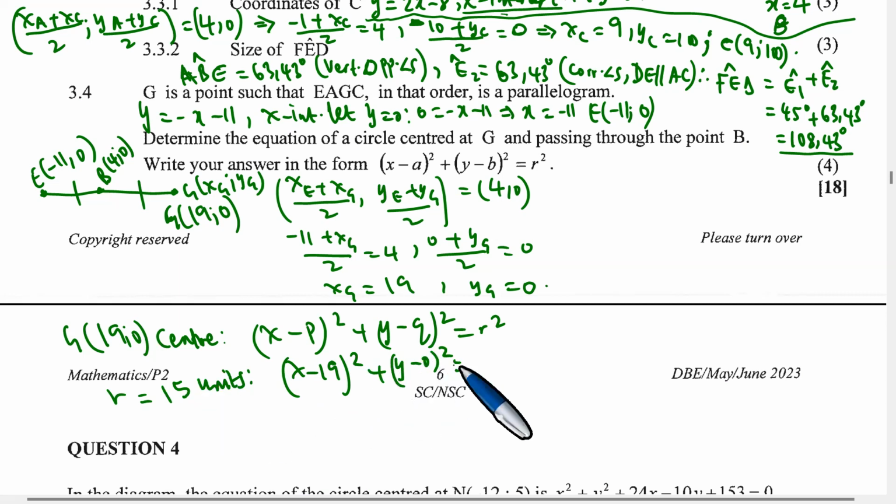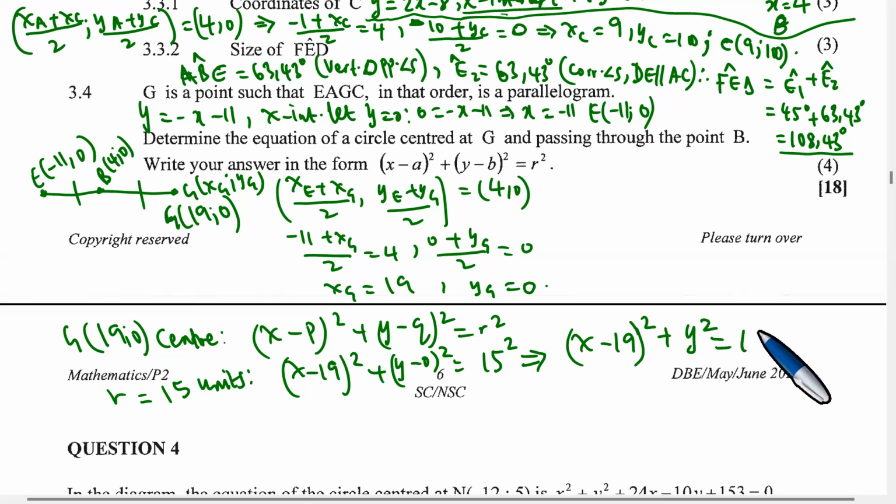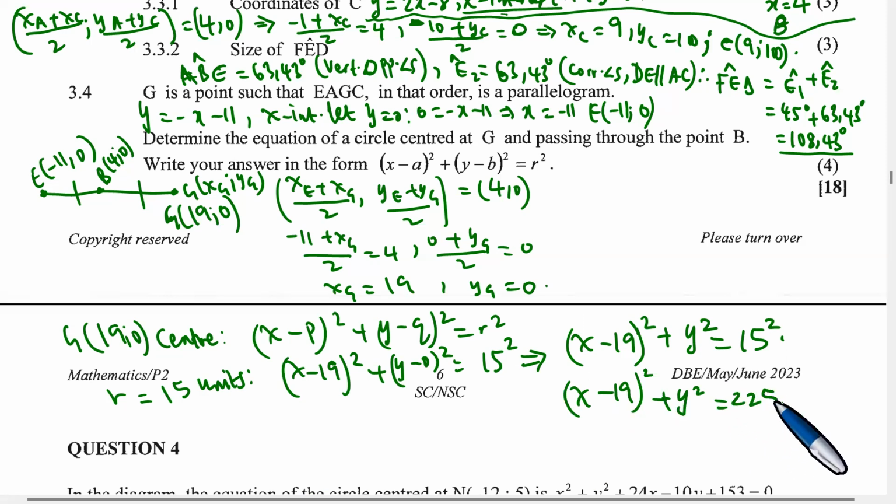The radius is 15 all squared. And this is X minus 19 all squared plus Y squared equals 15 squared. So that is the answer. But now you can go to your calculator and perform squaring. 15 squared is 225.